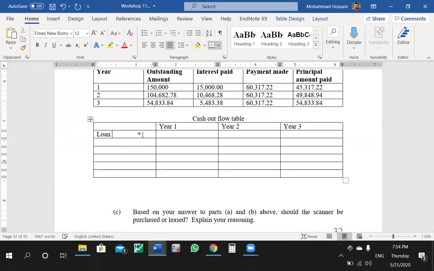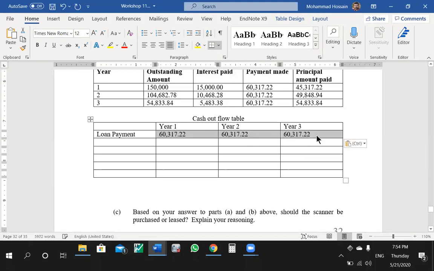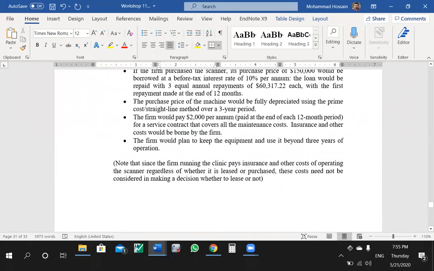Our loan payment will be how much? This one. That will be our loan payment every year. Then we have depreciation. They said it will be fully depreciated using the prime cost method in 3 years' time.